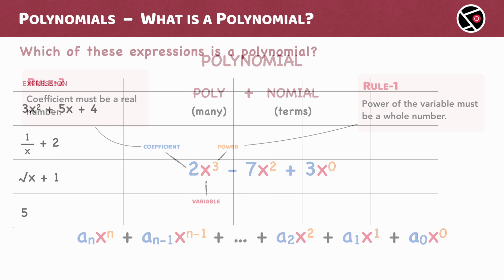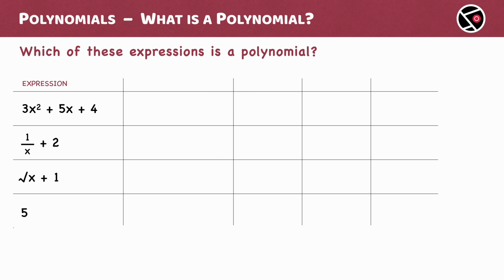Now, let me go back to our example expressions and check them again one by one. We will start by writing each of these in the standard form to clearly see the coefficients and the power of x in each term.